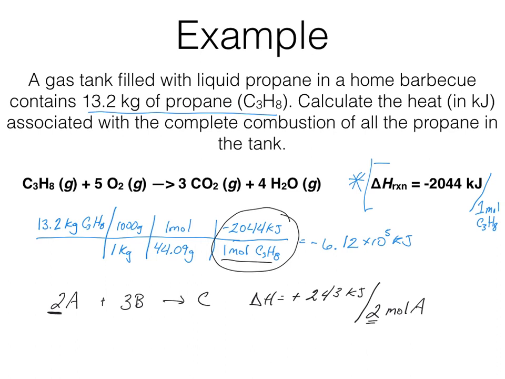We can also write this delta H for my hypothetical reaction as positive 243 kilojoules per 3 moles of B. This one up here, I could write as negative 2,044 kilojoules per 5 moles of oxygen.